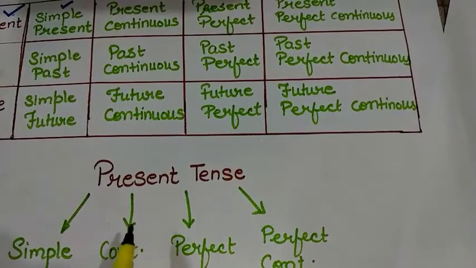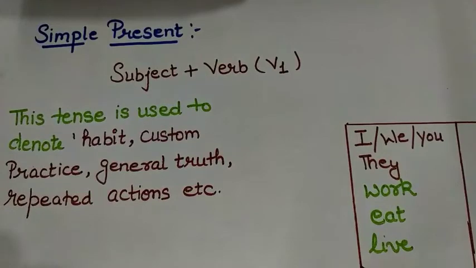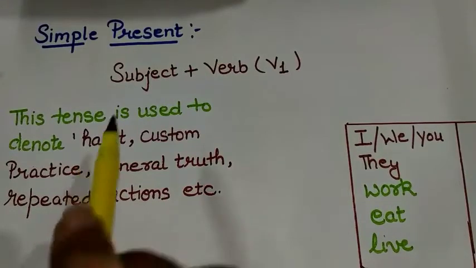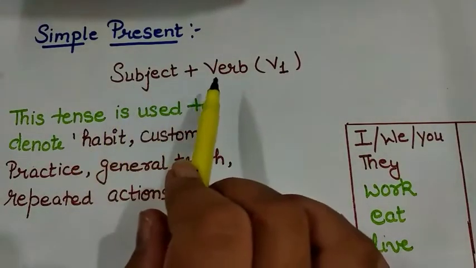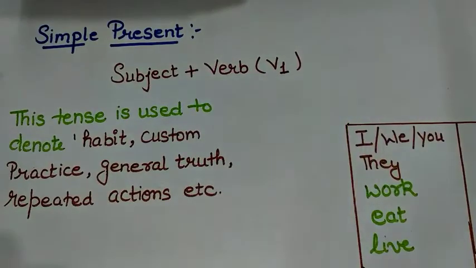So in present tense, first we will discuss simple present tense. Sometimes simple present tense is also called present indefinite. In simple present tense, we use subject with the first form of verb. How?